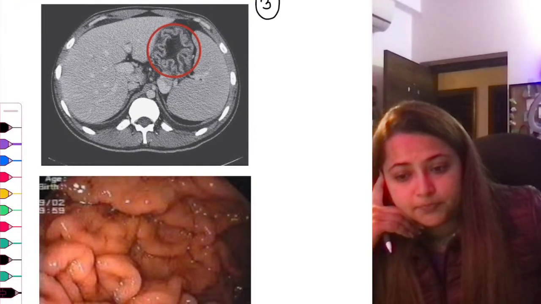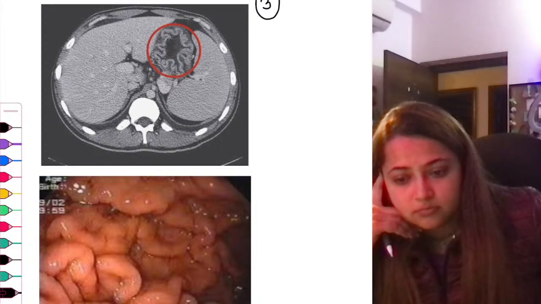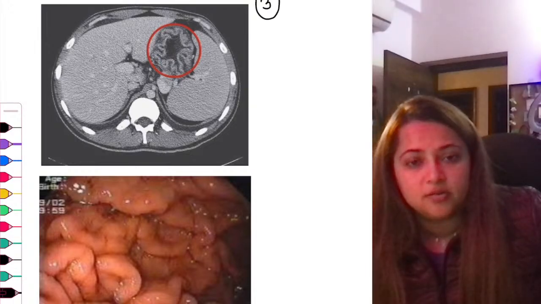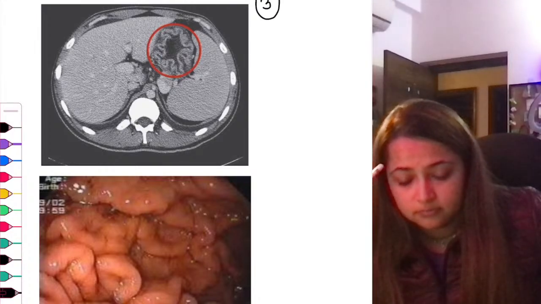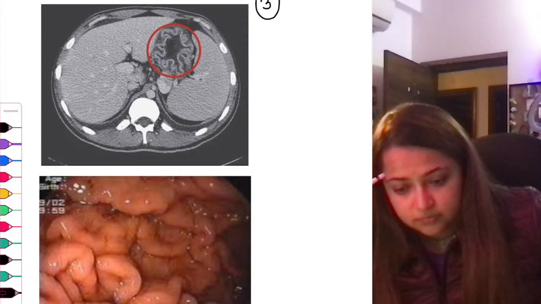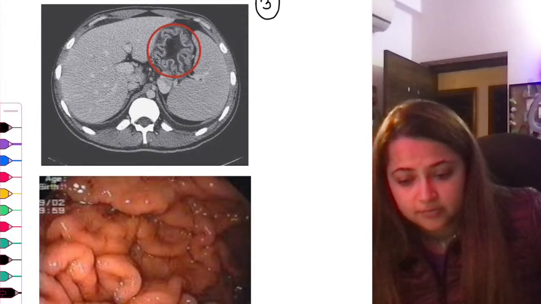So what is this? Let me see who can answer this question. This was asked in the previous years. Please know this. What is this condition? Please diagnose it.